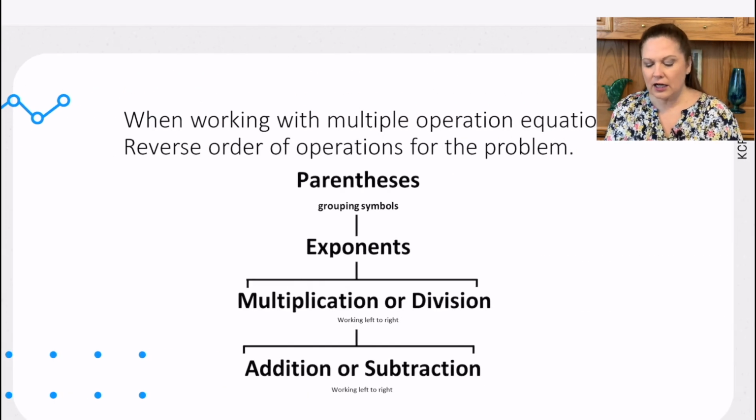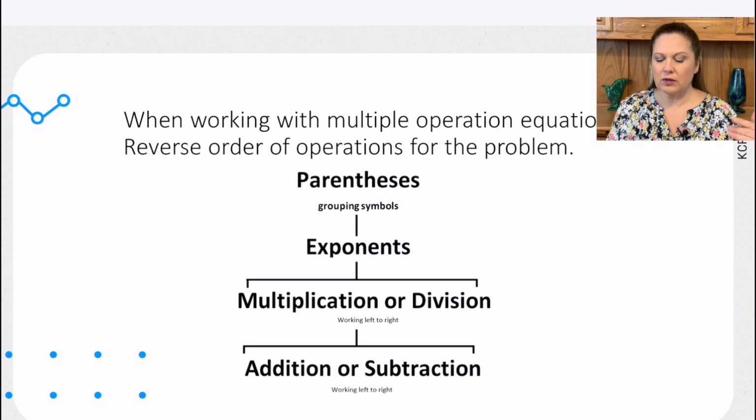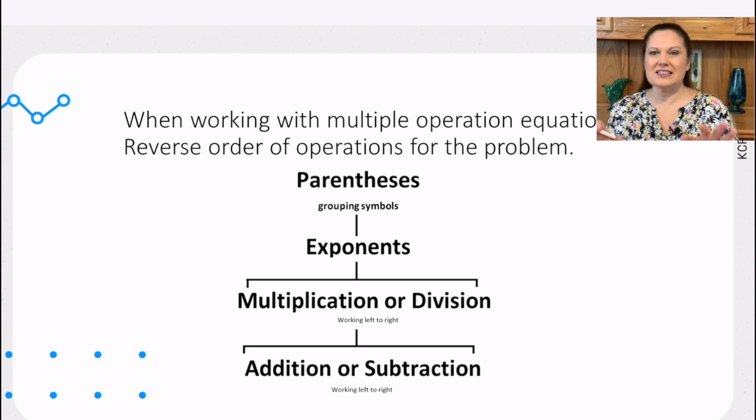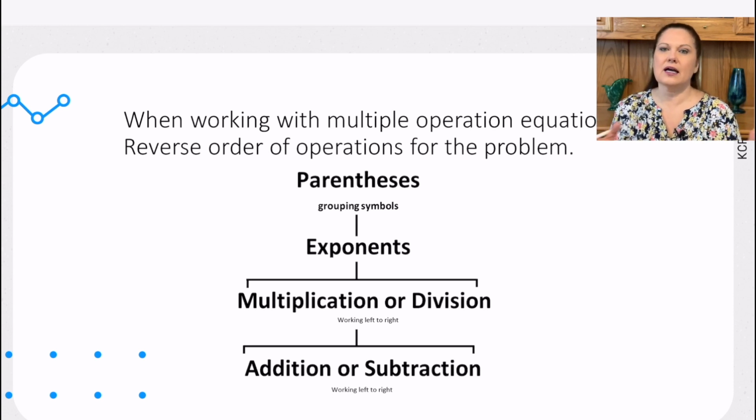So let's talk about when we work with multiple operation equations. Remember, we're going to do the reverse of order of operations for these problems. So order of operations is going to be parentheses. Probably about 6th grade, 7th grade, parentheses really kind of goes out of style because we're having other symbols come in and they represent our grouping symbols.